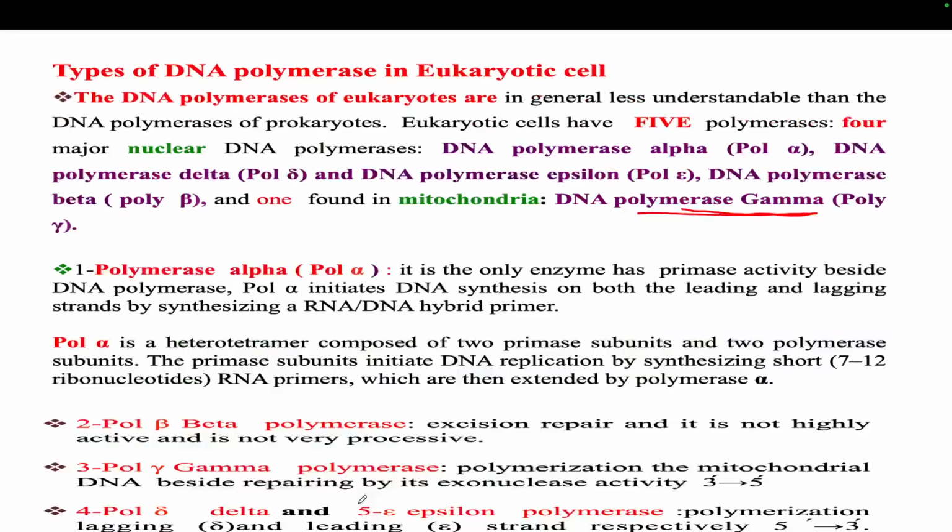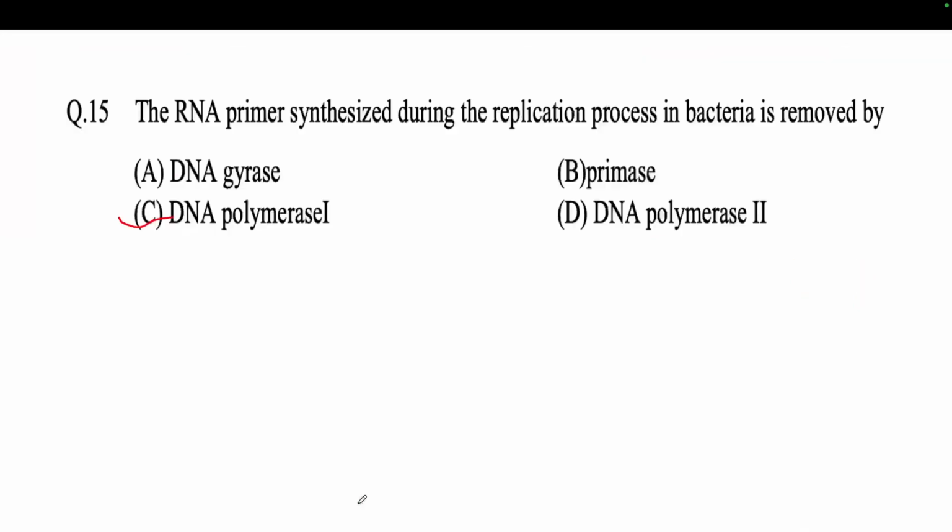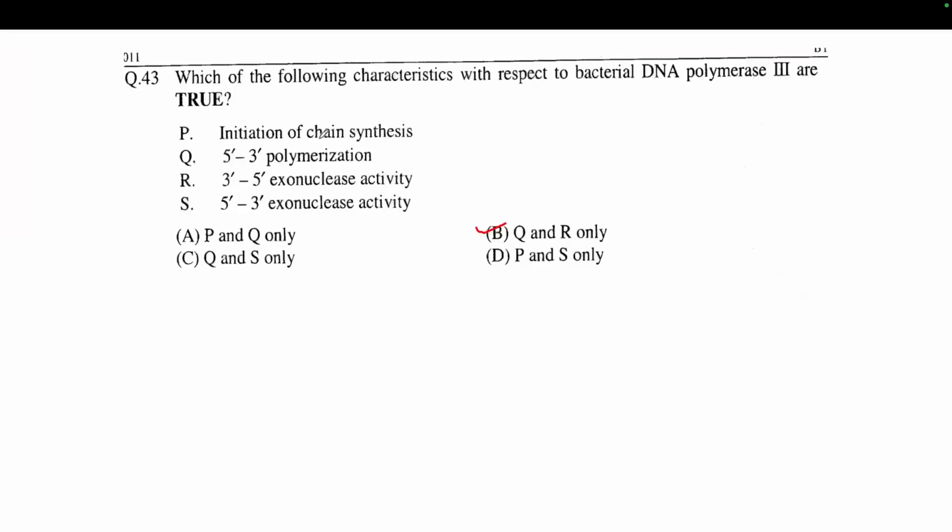So that's why initiation of chain synthesis will not be the correct option, because it happens by the primase enzyme, right? So it won't be the correct option. Here it is having the 5' to 3' polymerization and 3' to 5' exonuclease activity, so Q and R will be the correct options.